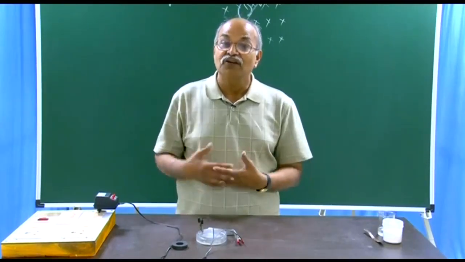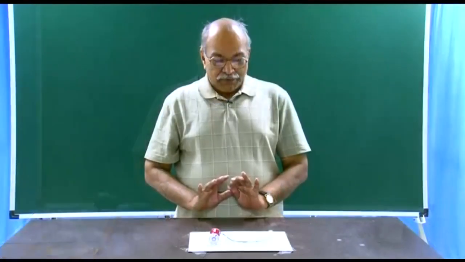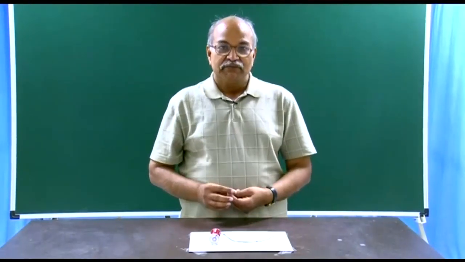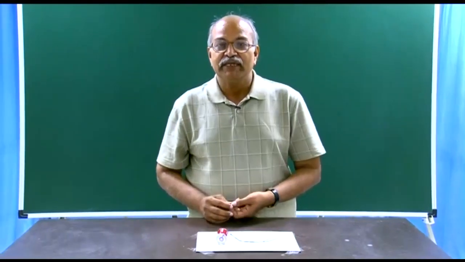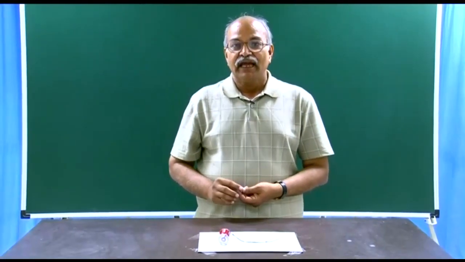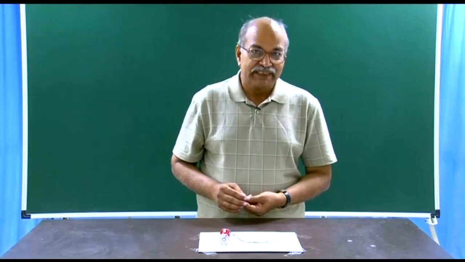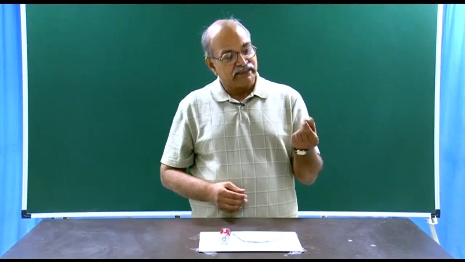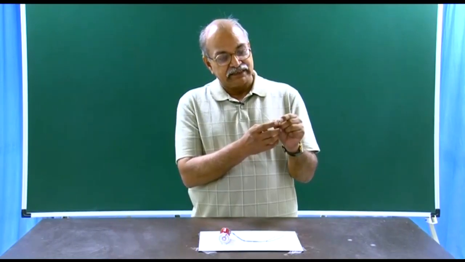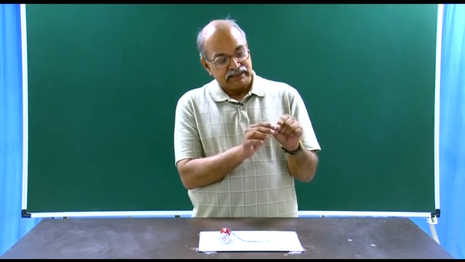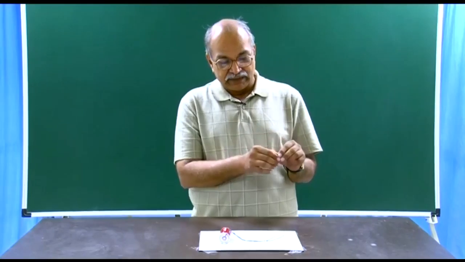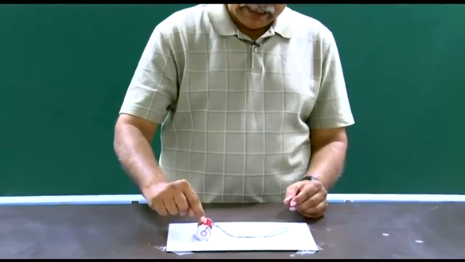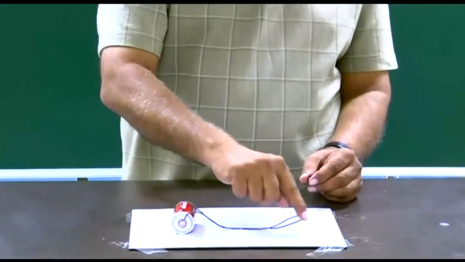Now we will be doing some experiments in which a magnetic field is created by a permanent magnet and the effect on a current will be seen. So I have here a small permanent magnet, this cylindrical shiny magnet, and I will put it on this board on which I have a battery and a wire.